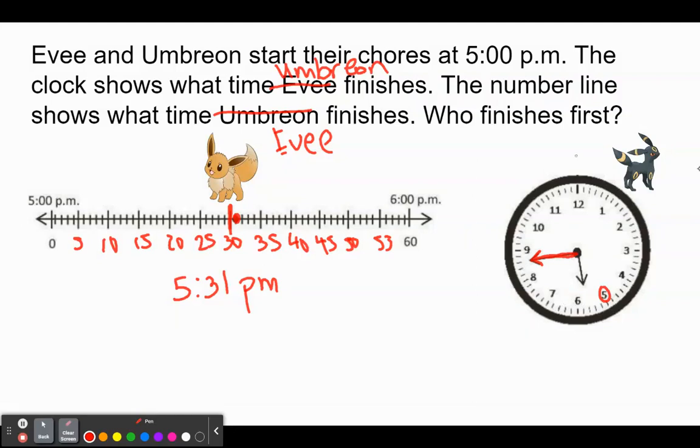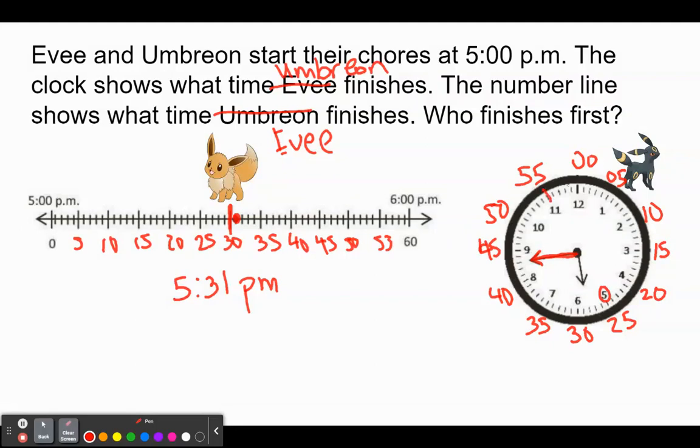So if we remember, our 12 is going to represent 0 minutes. 1 is going to represent 5 minutes. 2 is going to represent 10 minutes. 3 is going to represent 15 minutes. 4 represents 20 minutes. 5 represents 25 minutes. 6 represents 30 minutes. 7 represents 35 minutes. 8 represents 40 minutes. 9 represents 45 minutes. 10 represents 50 minutes. And 11 represents 55 minutes, right?